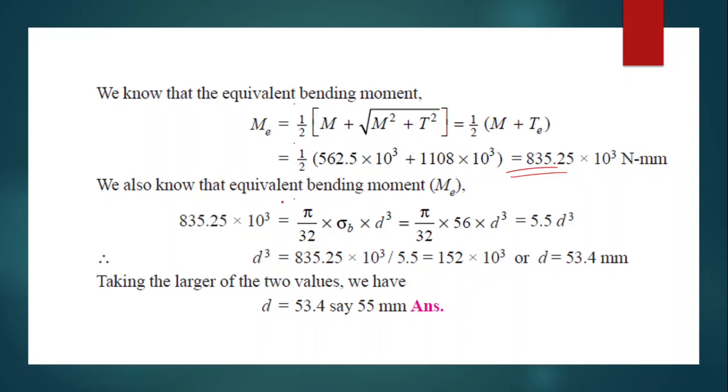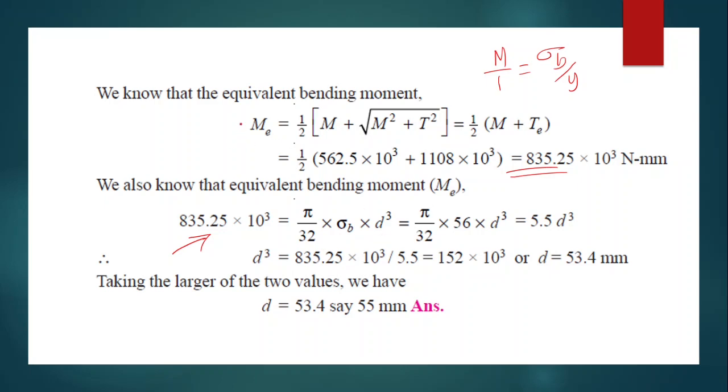Then we also know that the equivalent bending moment Me is equal to pi by 32 into sigma b into d cube. We can derive this equation from M by I is equal to sigma b by y. From this particular equation we are deriving this equation: the equivalent bending moment Me is equal to pi by 32 into sigma b into d cube.